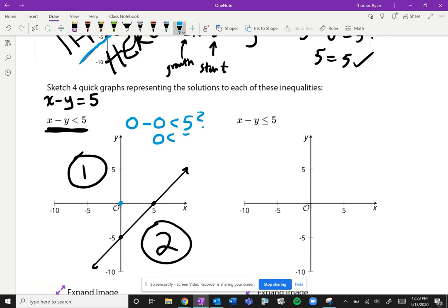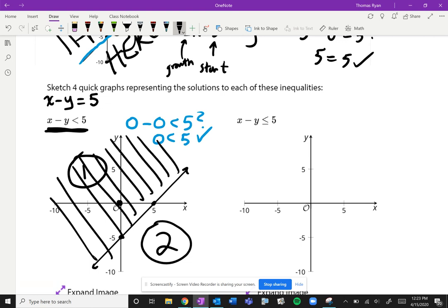Is 0 less than 5? The answer is yes. So this is a solution. And guess what, guys? Solutions can only exist either in area 1 or in area 2. I'm going to show you that area 2 doesn't exist. But as long as we now know that 0, 0 is a solution, all of this is our solution area.